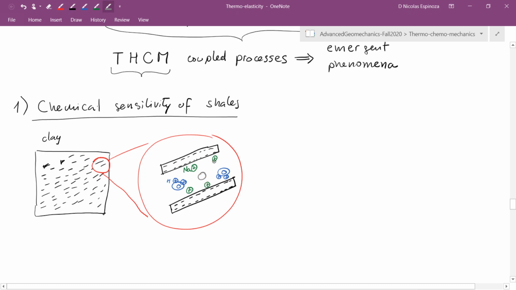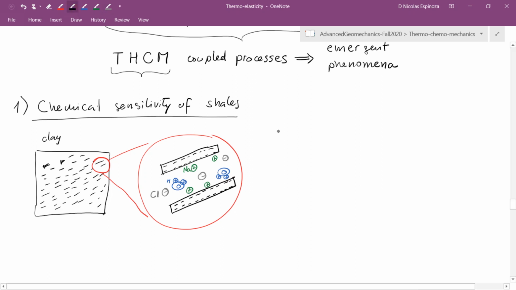We also are going to have in solution the chlorine. So the distance between the platelets is a function of how much I can cancel the polarity of the clay platelet with my distributed ions in the brine solution.